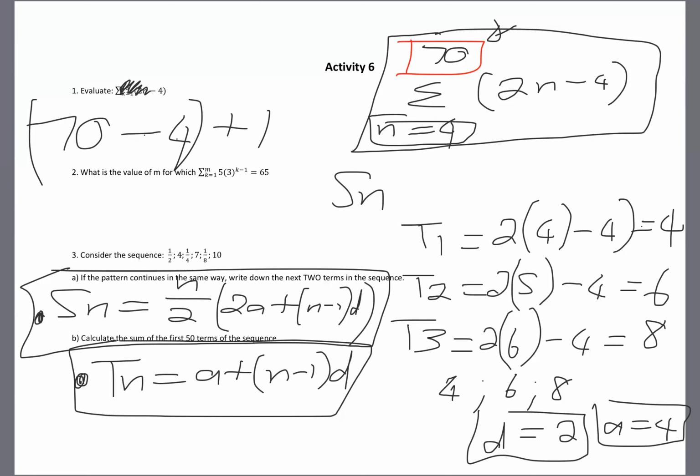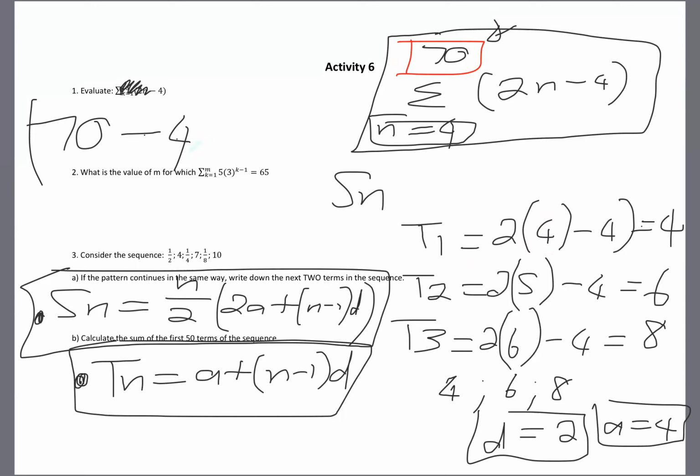Do you see with this T1 where I'm pointing? If this 4 was 1, then I was going to leave my 70 as is. But because this number here is a 4, I have to compensate for the numbers I skipped. So what did I skip? I skipped 1, 2, and 3.